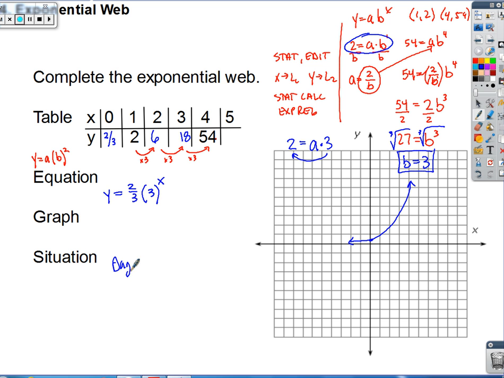So you could say something like, on day 1, Jared has 2 rabbits, and they multiply by 3 per month or per day or whatever.